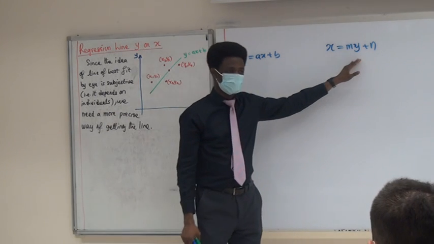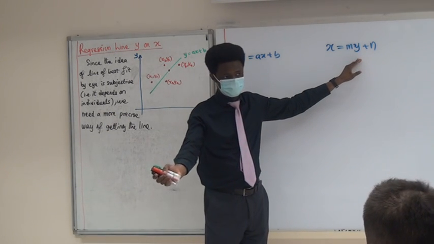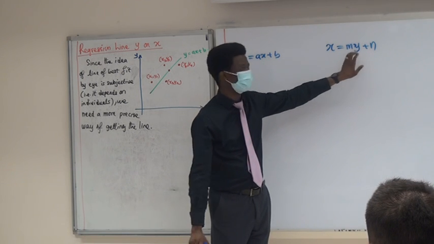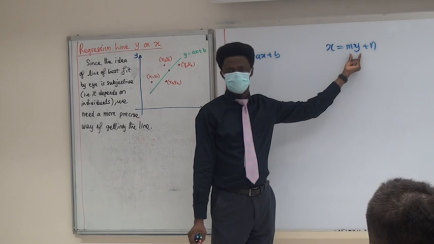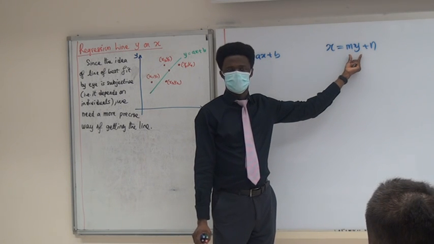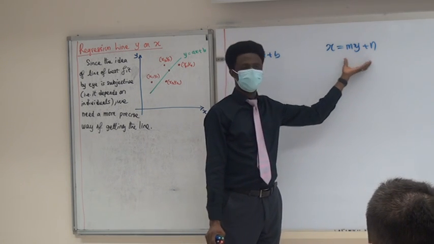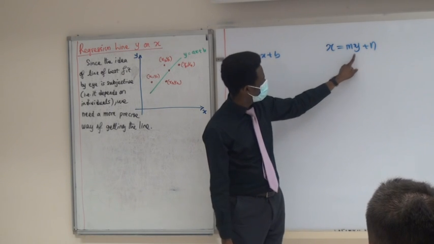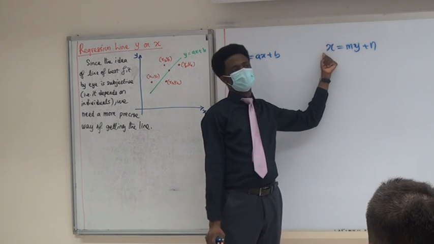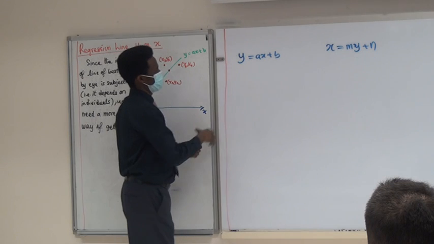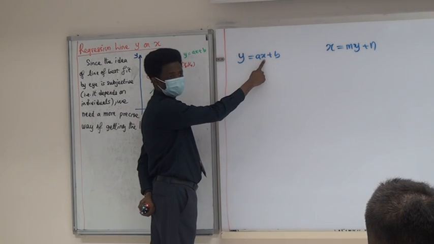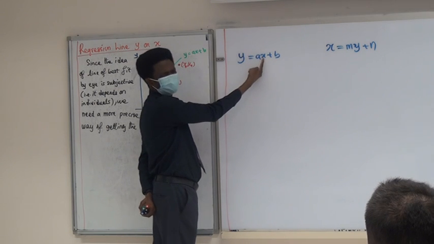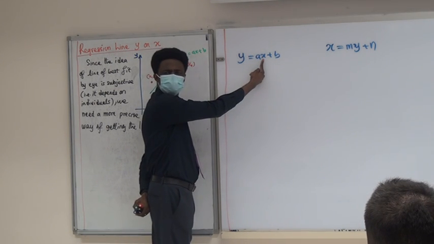I'll give you some scenario later, in tomorrow's lesson. Your y will be more reliably measured. So it is better to have a format like this, so that with more reliable data, you can predict x. Rather than have this, where your x is not as reliable, then you are trying to get y from a non-reliable x.